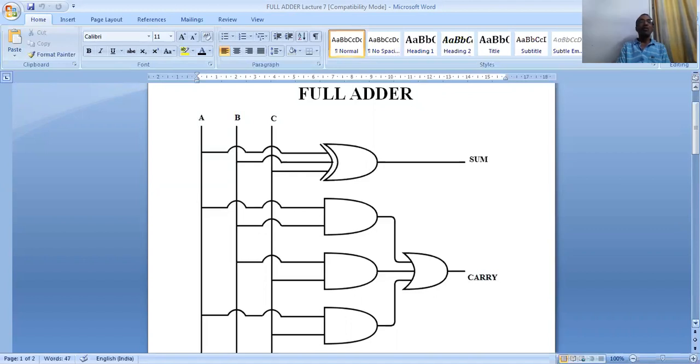In the case of first AND gate, A is connected by overlapping B and C to the first AND gate.